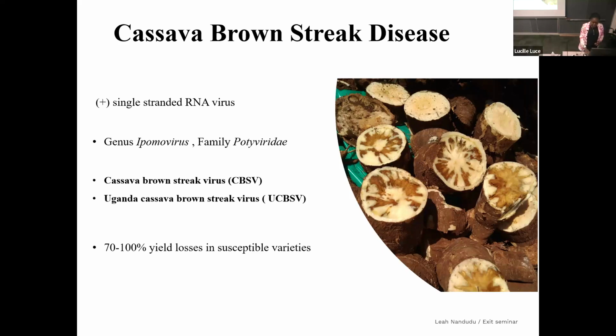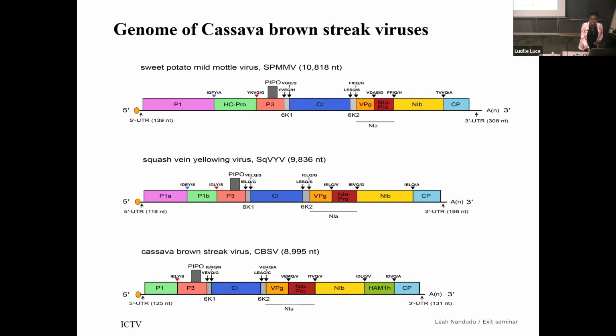So when we think about the genomics of cassava brown streak virus, just like any other potyvirus, it's encoded as one big polyprotein that tends to be cut into different pieces depending on the need, how the virus interacts with the plant. This is the genome of CBSD. The biggest difference between CBSD and other viruses in the Ipomovirus genus is this HAM1 protein.